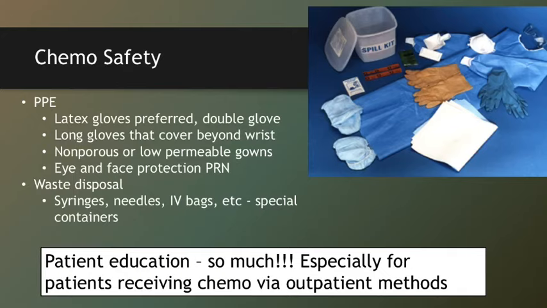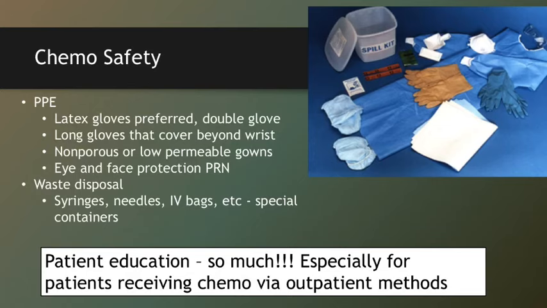Eye and face protection to prevent splashes, and then there's actual spill kits. Okay, yeah. No, they prefer them. That's why it says prefer them. They prefer latex gloves, but if your patient's allergic or you're allergic to latex, we don't want you to die giving chemotherapy because you're protecting yourself, okay?